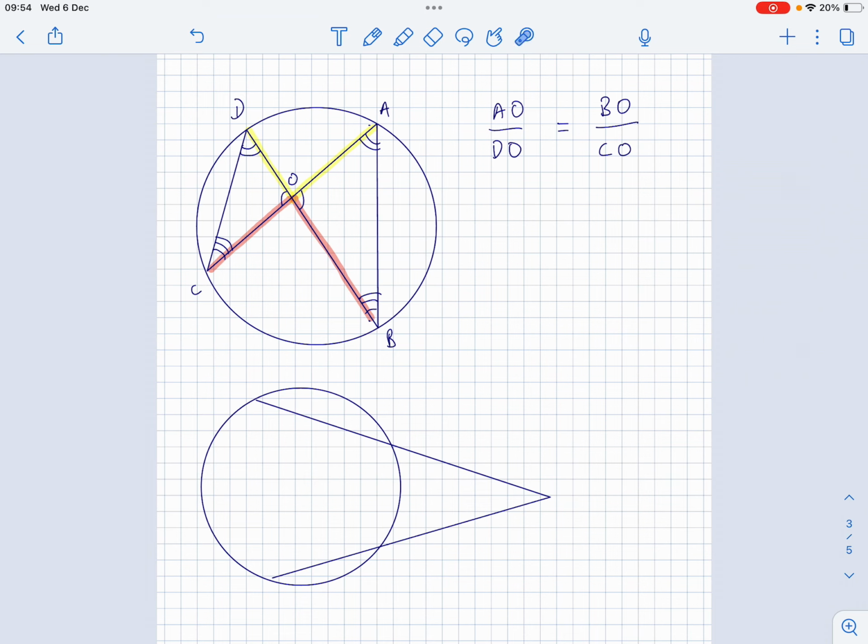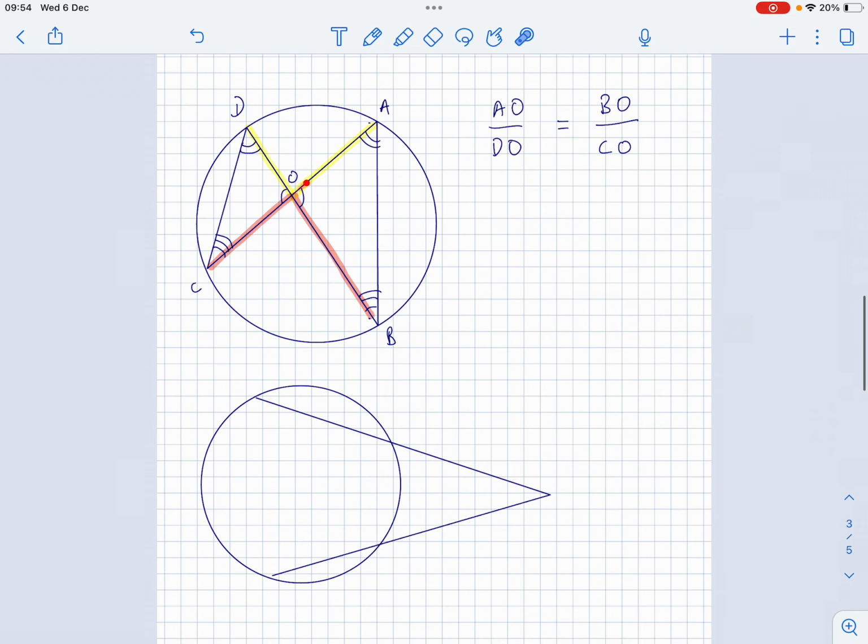Now, these sides would be in the same scale factor, but we're only interested for this circle theorem of the intersecting chords in these ones. And with a little bit of rearranging, of timesing through by the denominator, we get our intersecting chord circle theorem.